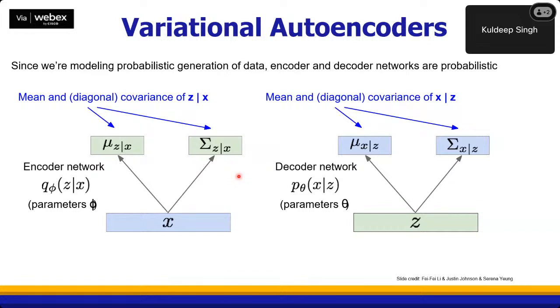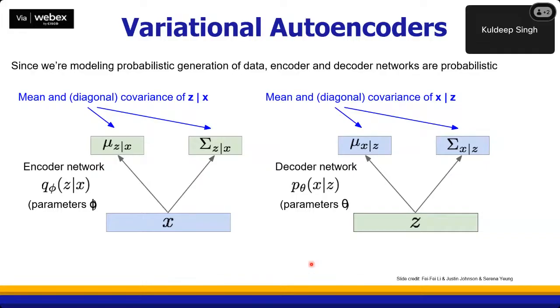Yeah, fine. So now, in comparison with autoencoders, here we are modeling the probabilistic generation of the data, and the encoder and the decoder networks are probabilistic in nature. We have already talked about computing Z from X in the encoder network, and then computing X back from Z in the decoder network.